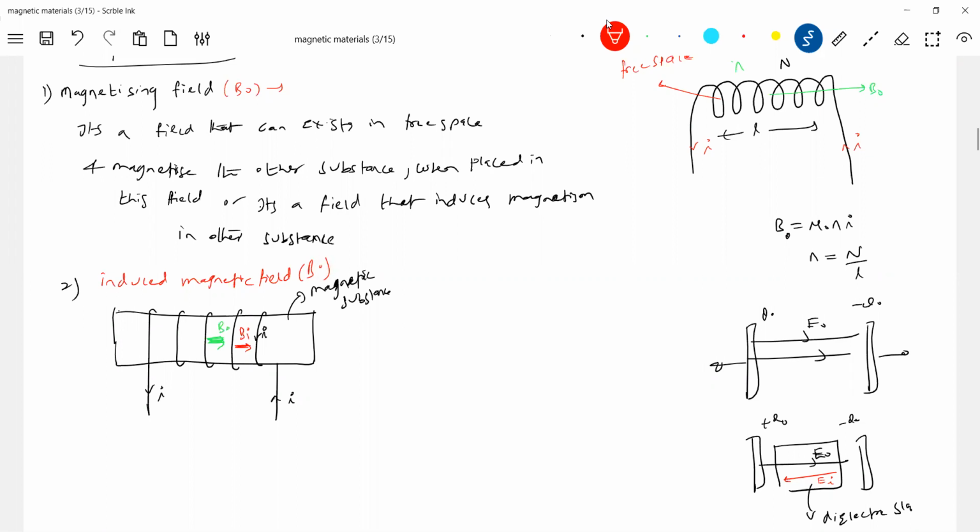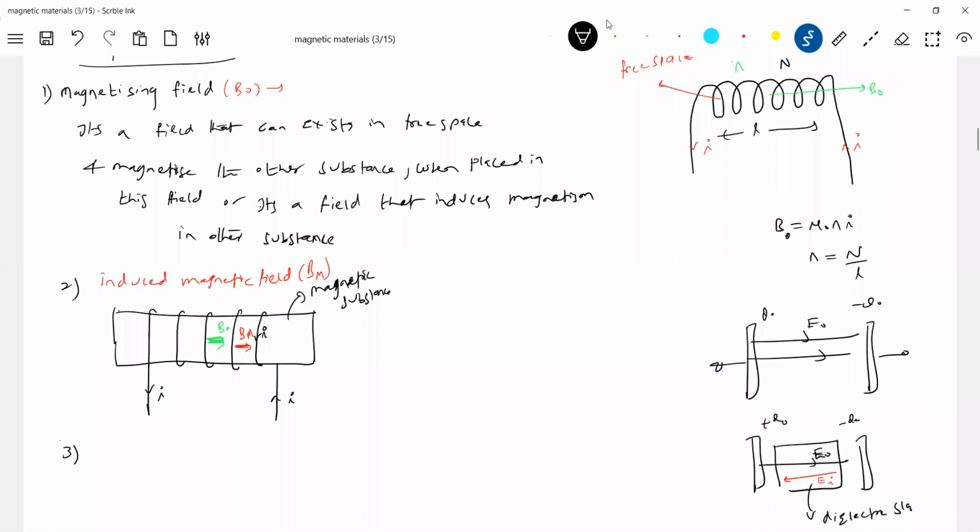So I'll carry on with the book convention. B M is the induced magnetic field. So who will induce that magnetic field? This magnetizing field. I'll come to later on how to measure that induced magnetic field. Who will induce it? This current, no?